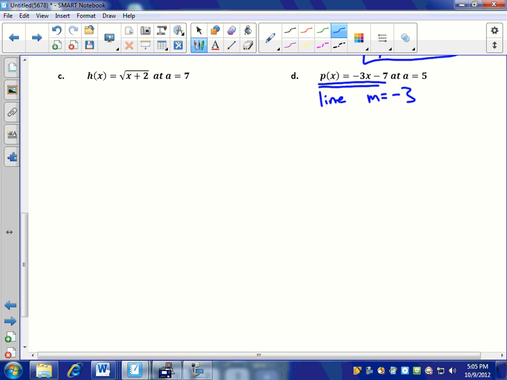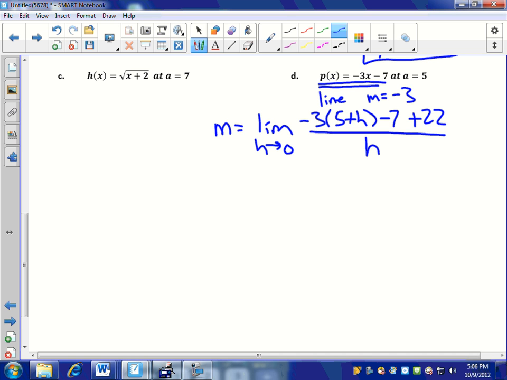So if I run the formal definition all the way through, m equals the limit as h approaches 0 of -3 times (5 plus h) minus 7, minus what's evaluated at that spot, which would be -22, so plus 22, over h.